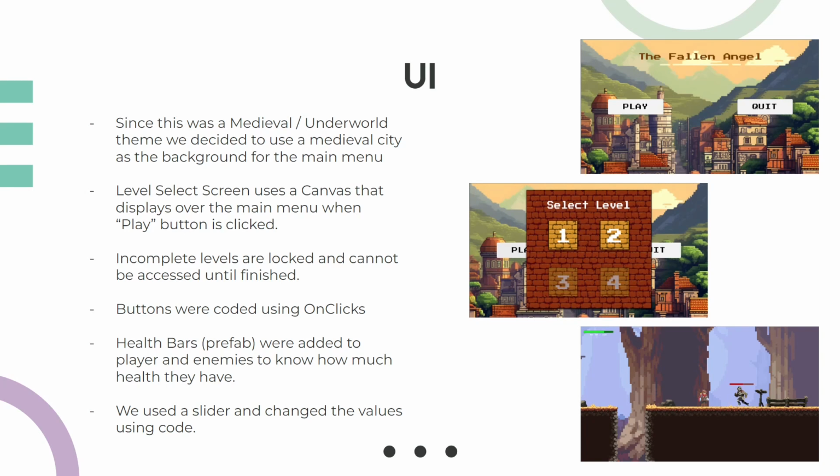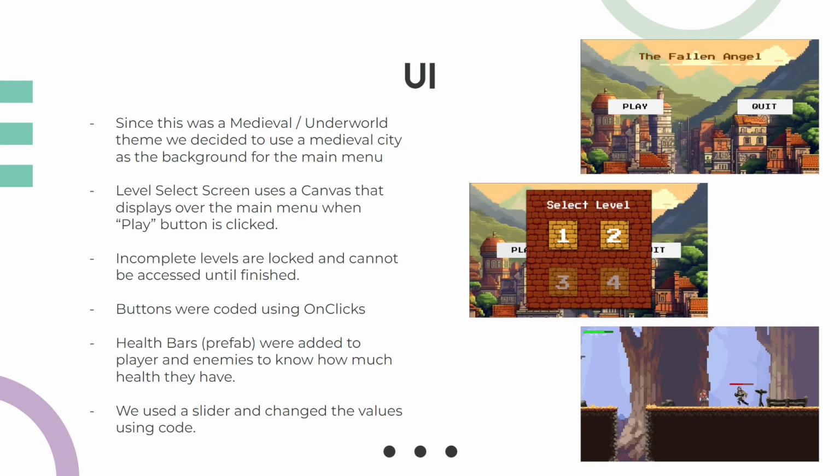And every time they complete a level, their player progresses. It gains more attack damage. It also gets more health. So the player progresses every level they complete. They gain more attack damage, so it's easier to kill enemies. And on top of that, we also added health bars for both the enemy and the player.